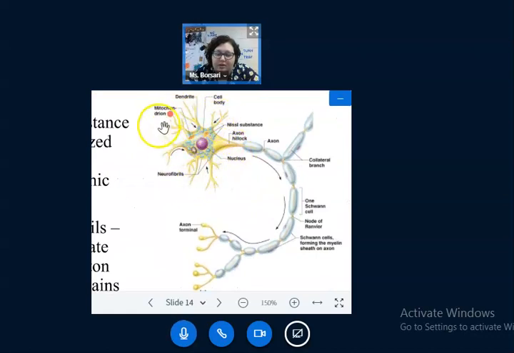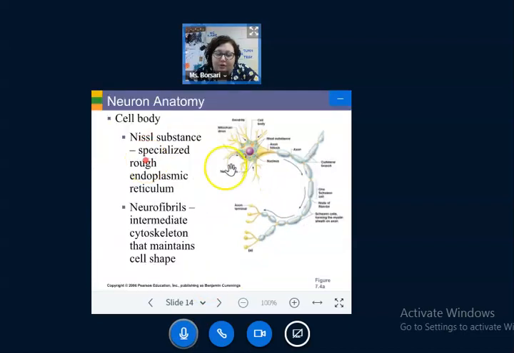The head of it is our cell body. That's where we've got our nucleus, and we have our mitochondria, among other things. Then we can see the processes, which are branching off into our different terminals. That allows us to send messages and receive messages.